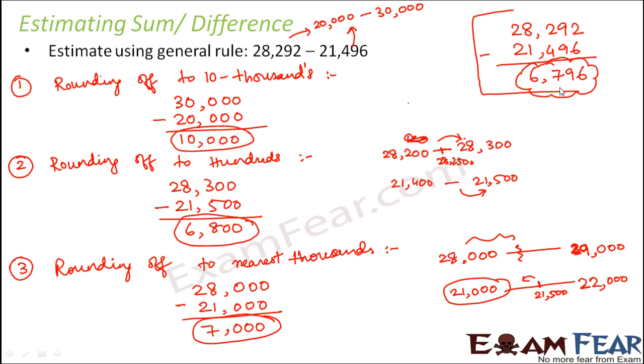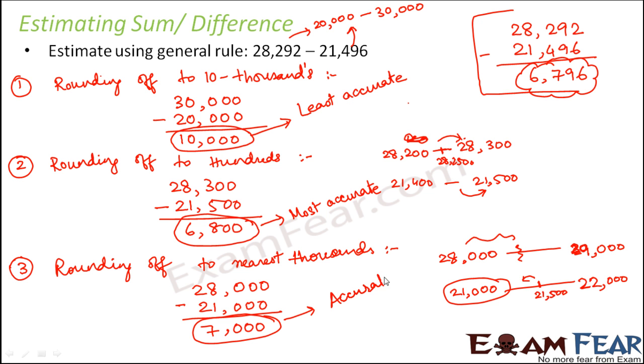This one is the most accurate, this is the least accurate, and this is okay. It is not very accurate, but at the same time it is not very far away from the accurate value.